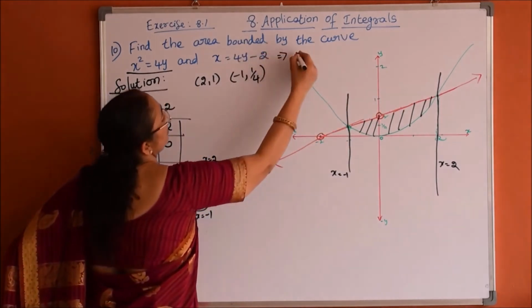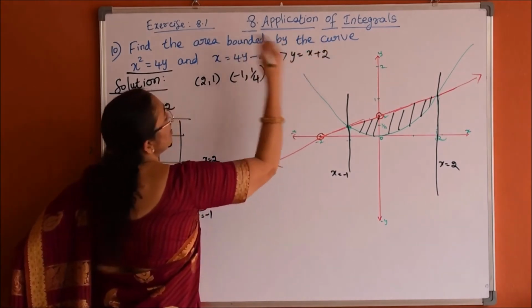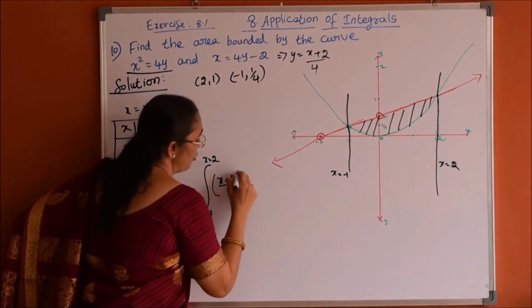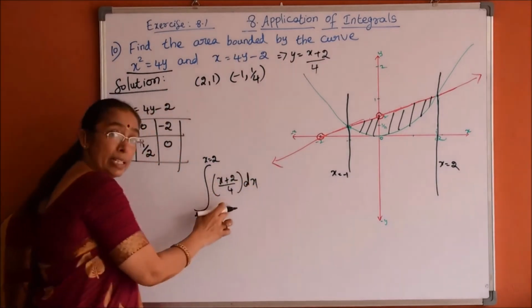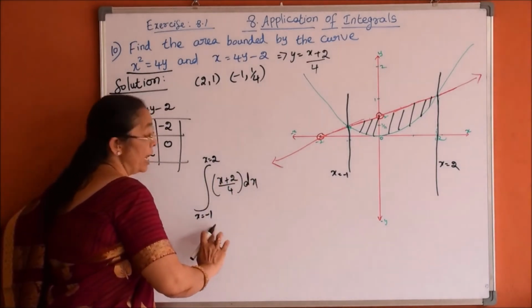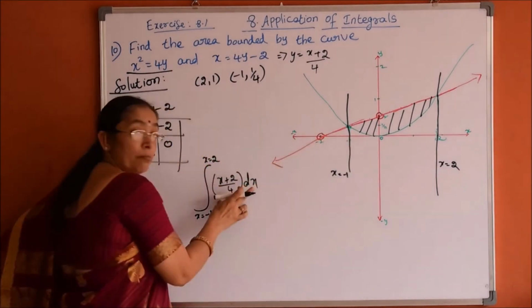So, y is equal to x plus 2 divided by 4, dx. So, this integral represents the area covered between the lines x is equal to minus 1 and x is equal to 2 by the curve.